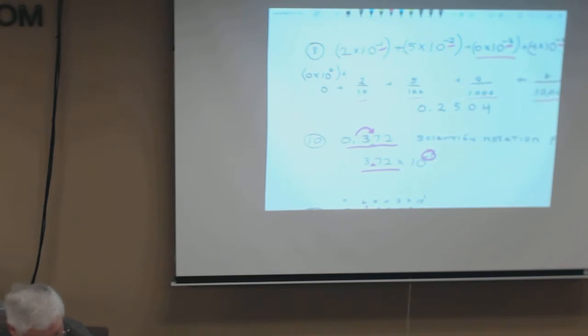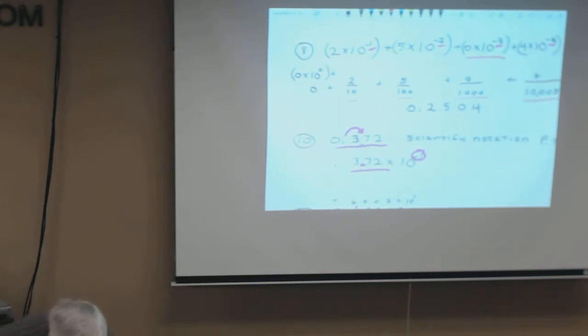Number 10. Write each number in scientific notation. Did you read about that on page 272? You say, you didn't tell us to. I know, but haven't you figured out by now that if you read the chapter before you come to class, the stuff we do in class will make more sense?